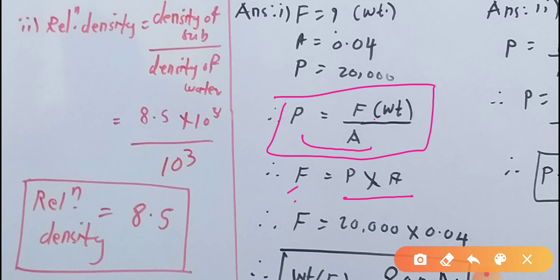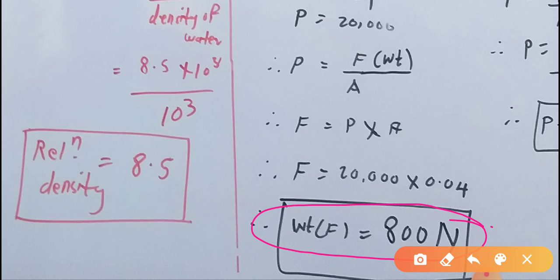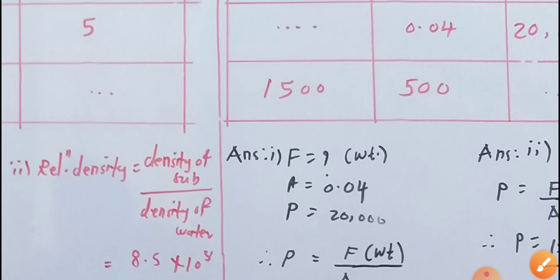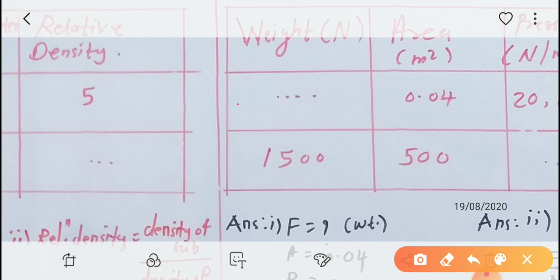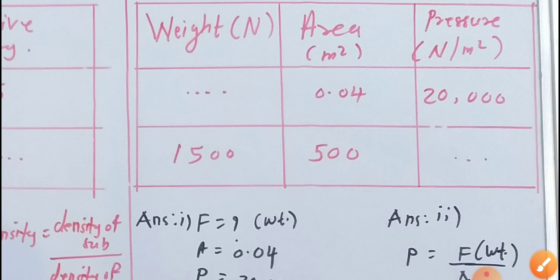Putting the values, pressure is 20,000 and area is 0.04. 20,000 multiplied by 0.04, the answer will be 800. So the force or weight of the substance is 800 Newton. So here the answer will be 800.